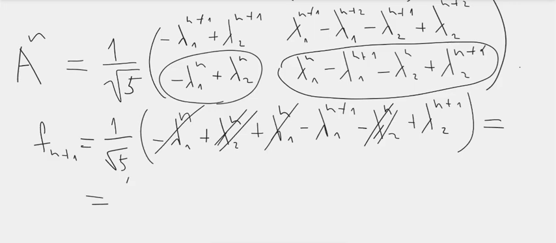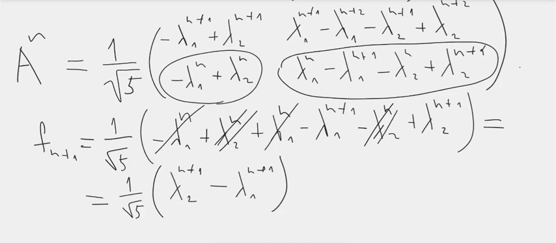Okay, so what remains is 1 over square root of 5 times lambda 2 to the power n plus 1 minus lambda 1 to the power n plus 1.